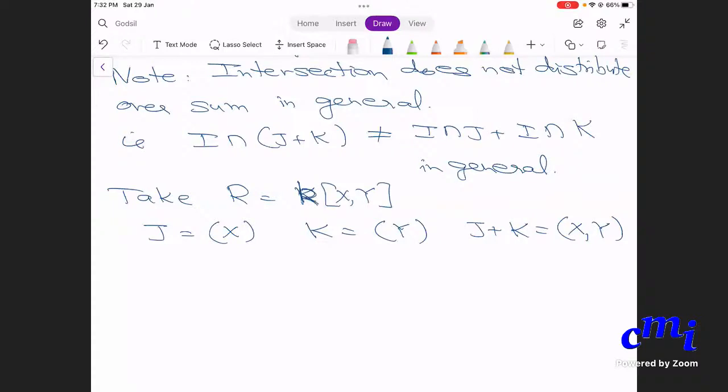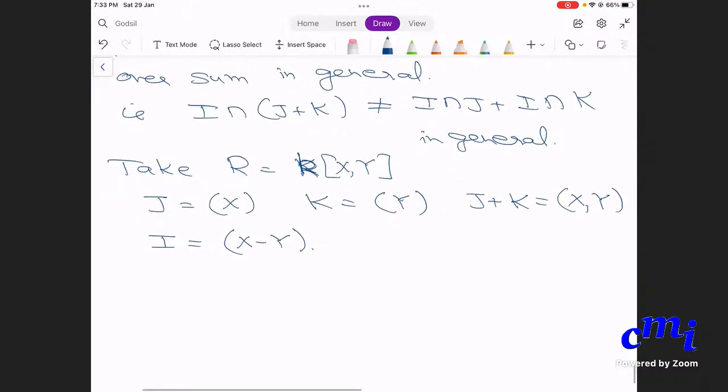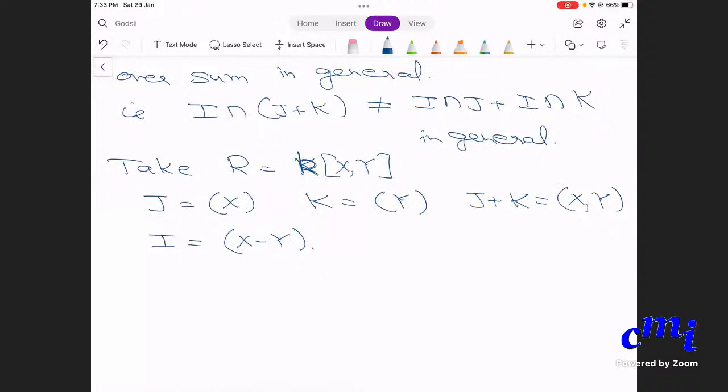Now I want to take I to be the ideal generated by x - y. That means all multiples of the polynomial x - y, that means (x - y) times every polynomial in R. Now I claim that I ∩ (J + K) is different from (I ∩ J) + (I ∩ K). So let's do this calculation. First, what is I ∩ (J + K)? I is the ideal generated by x - y, and J + K is the ideal generated by x and y.